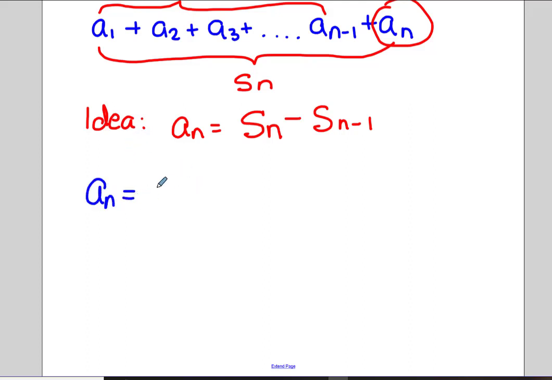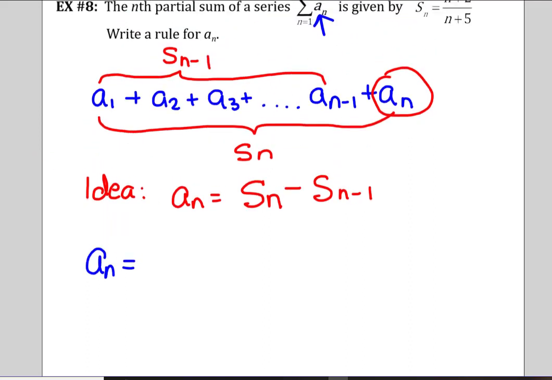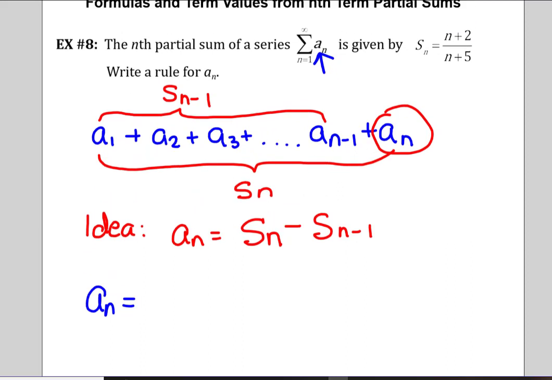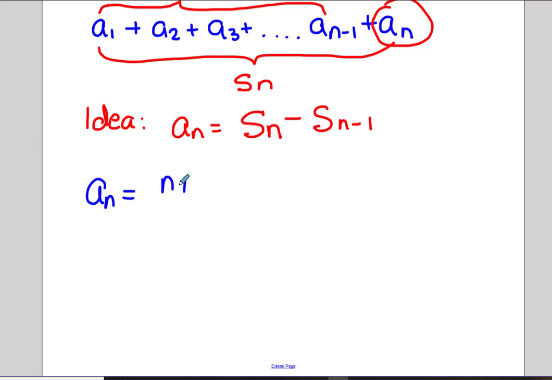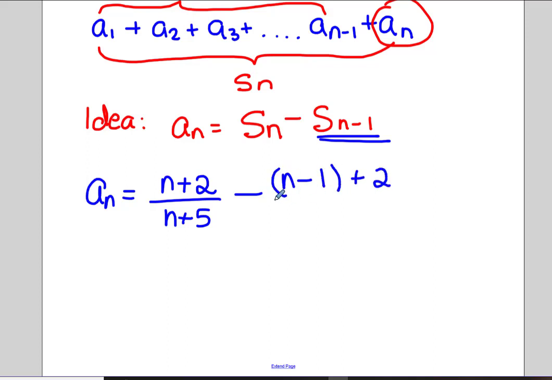And if we put that together mathematically, we already know s sub n, that's n plus 2 divided by n plus 5. So the quantity n plus 2 divided by n plus 5. And then what would this term look like? It would be the term right before this, so n minus 1 plus 2, and then n minus 1 plus 5, because that's the term right before the one we want.